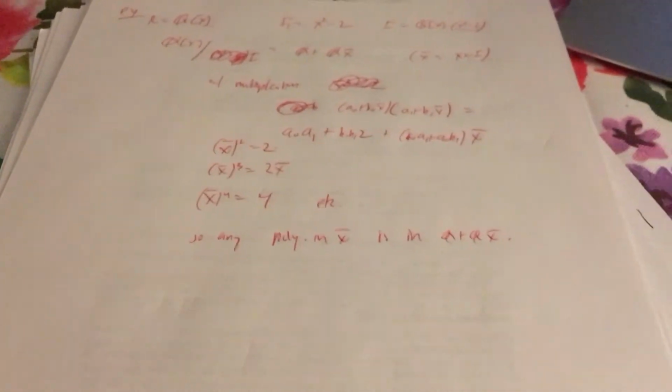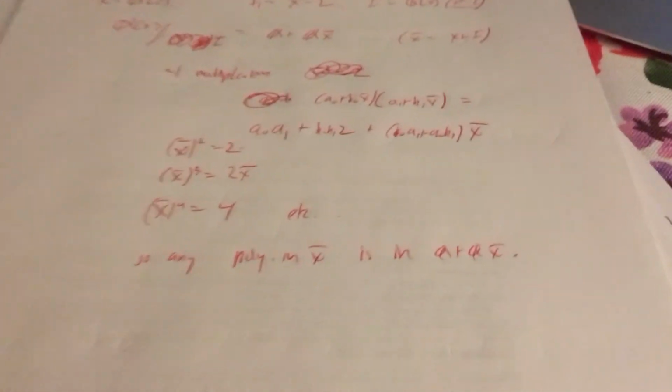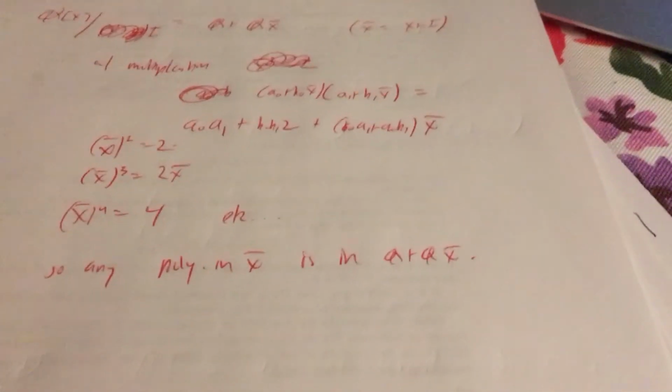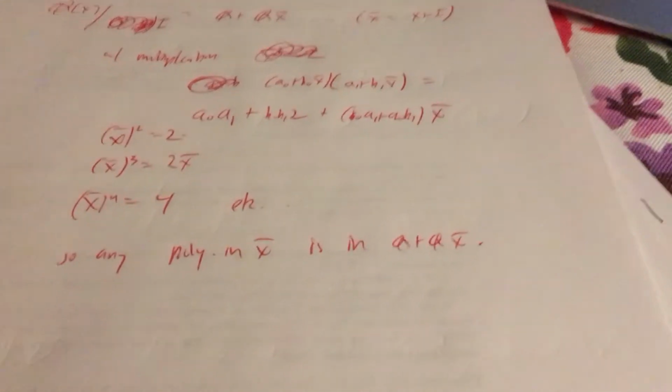So I've just given you explicitly the multiplication table in this ring. It turns out this ring is actually a field. And what field is it? It's exactly Q, but you throw in the element square root of 2. So this is a field called Q adjoin root 2.